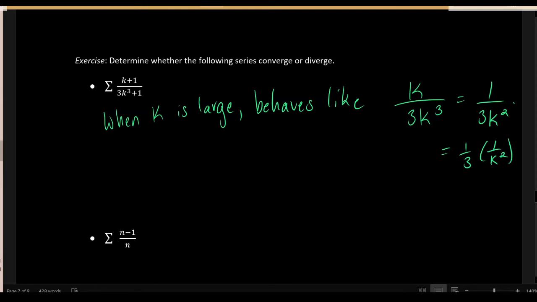Now we understand the p-series really well. We have the p-series test that helps us to determine convergence or divergence. So I'm going to use for comparison the p-series 1 over k squared.